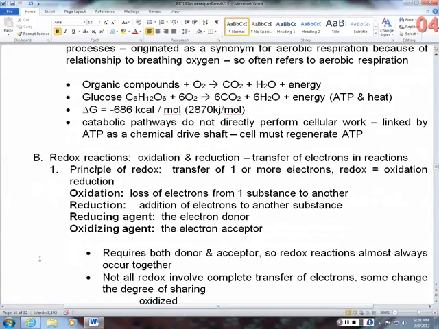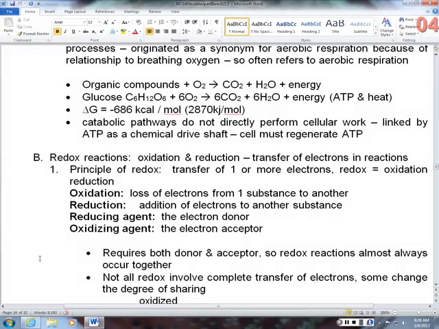What gets used in these are what we call redox reactions. They're reduction and oxidation, or oxidation and reduction, which means you're transferring electrons. If you transfer one or more electrons, it is a redox reaction. Redox is the common short name for it.